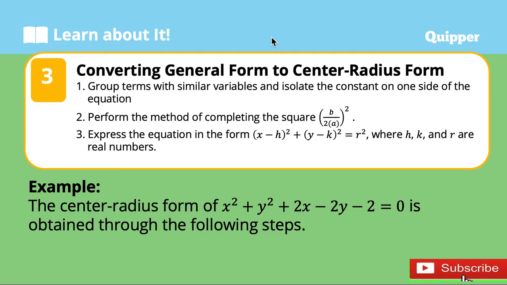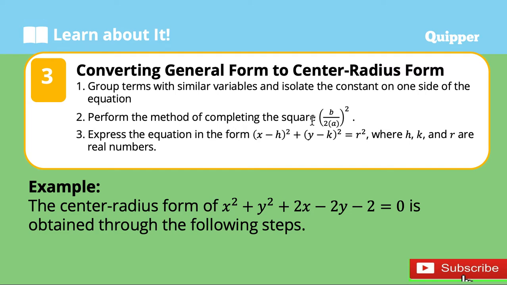How to convert general form to center radius form? To convert general form to center radius form, we need to follow these three simple steps. First, group terms with similar variables and isolate the constant on one side of the equation. Second, perform the method of completing the square.